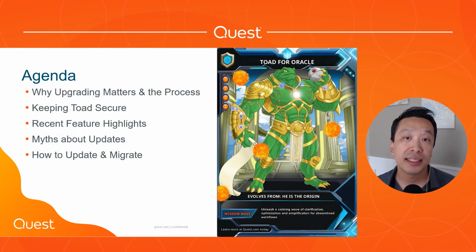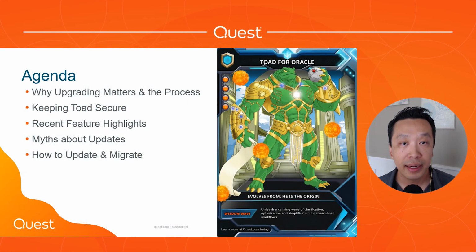So today we're going to discuss why you should upgrade and update to the newest versions of Toad, why it's important. And really it's two big reasons. One, for security, of course. And two, is to get the latest features, right? So I'll take some time to talk about how to update your Toad and why updating your Toad keeps your Toad secure, which keeps your computer secure, and then that keeps your company and your data secure as well.